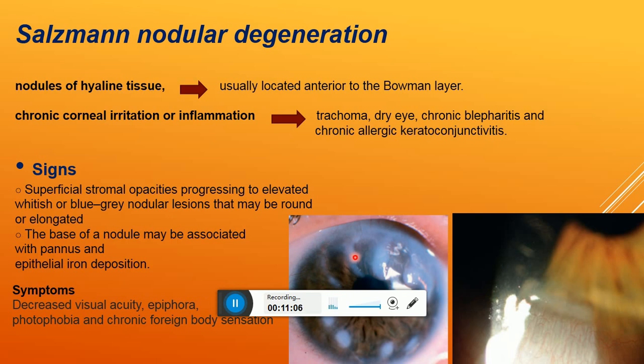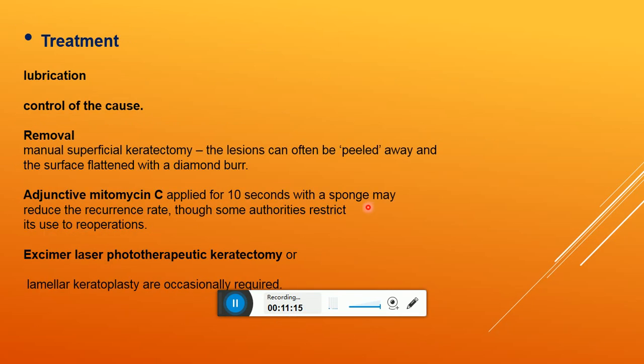Signs: superficial stromal opacity, progressing to elevated whitish or blue-gray nodular lesions that may be round or elongated. The base of a nodule may be associated with pannus and epithelial iron deposition. Treatment consists mainly of lubrication together with control of the cause, and removal via manual superficial keratectomy. The lesion can often be peeled away and the surface flattened with a diamond burr.